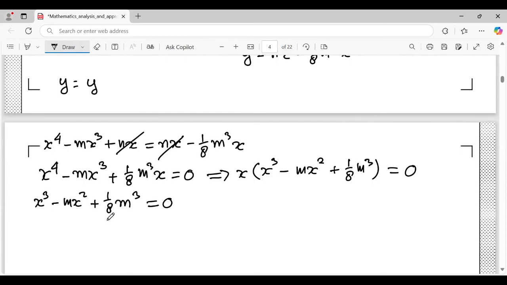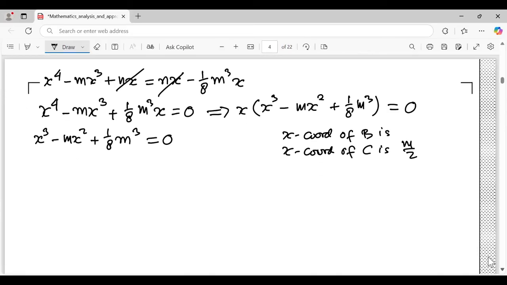Just the x coordinate of point B, which is 0, while the x coordinate of point C is m half. Okay, so we are not going to involve point B, just points A, D, and C.